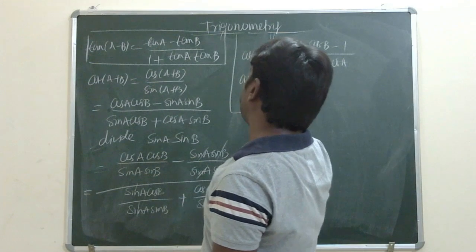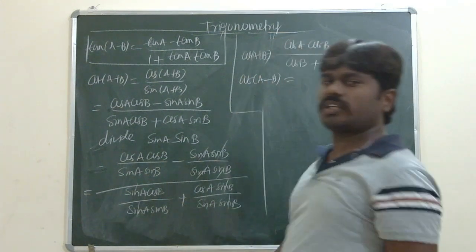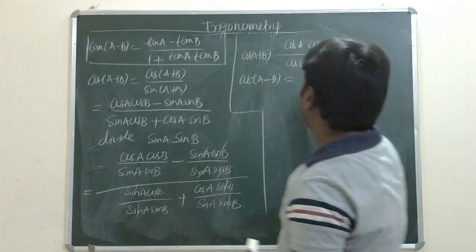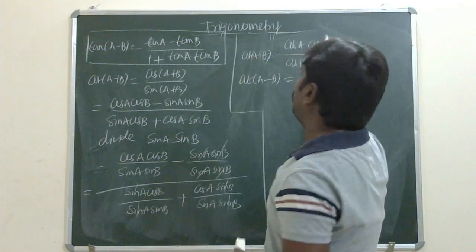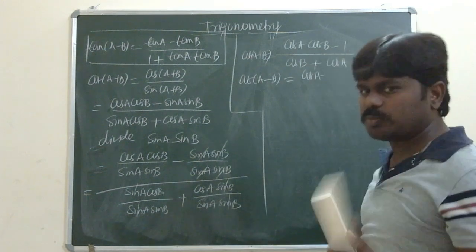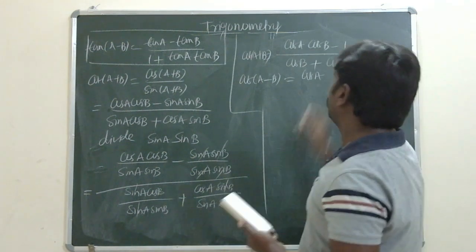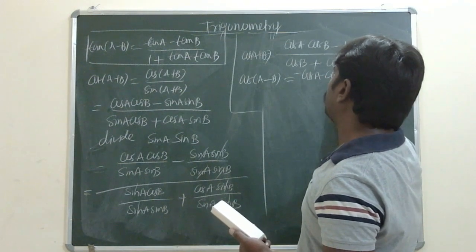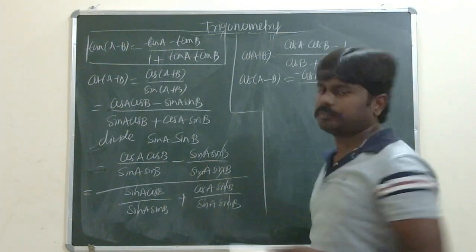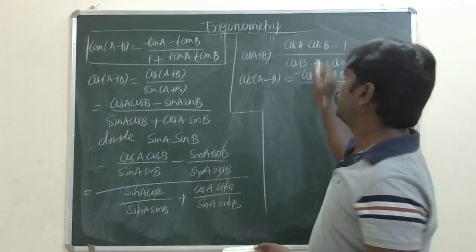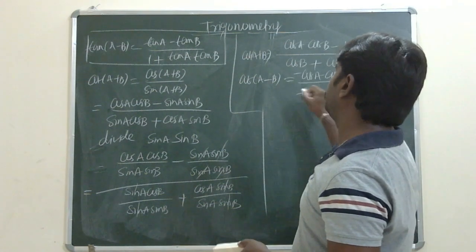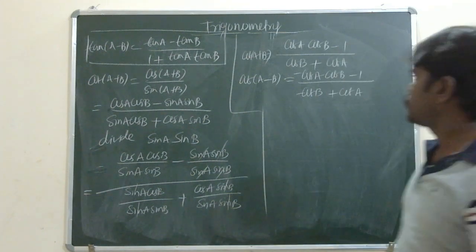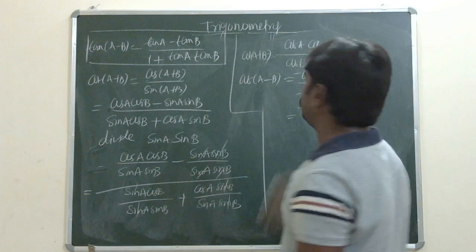Now we want cot A minus B. So simply substitute B is equal to minus B, then we will get cot A minus B formula. So here cot A cot B means cot A into cot of minus B now. Cot of minus B means here minus cot B. So here minus cot A cot B minus 1 divided by, so here what, cot of minus B plus cot A, which is minus cot B plus cot A. Okay, so now what I am doing is taking minus common in this numerator.